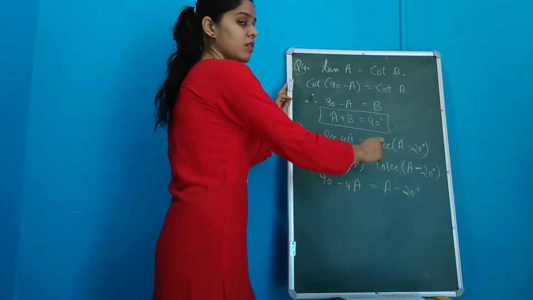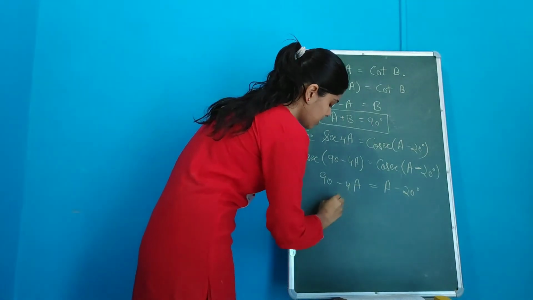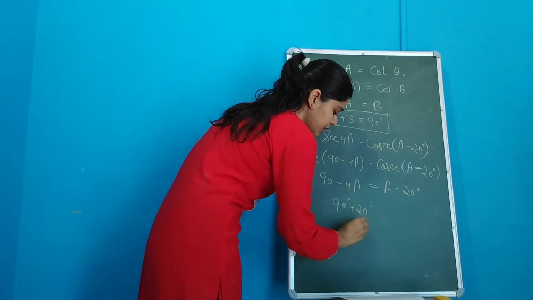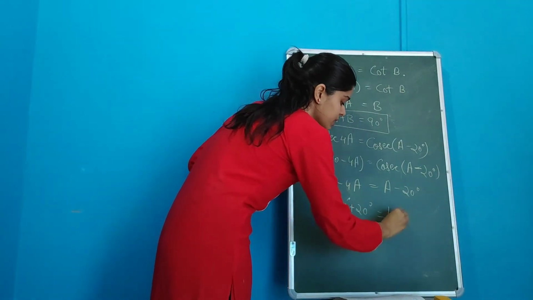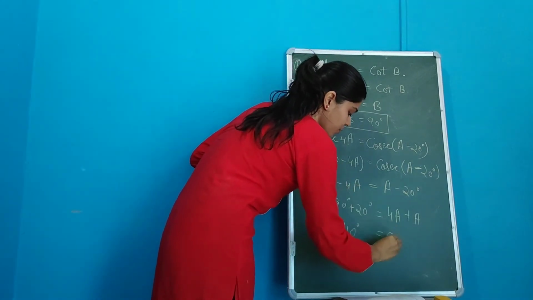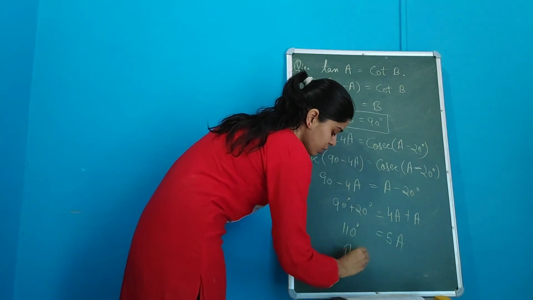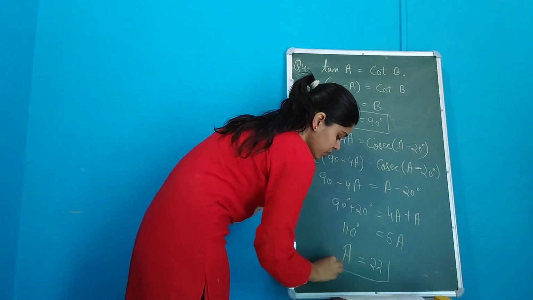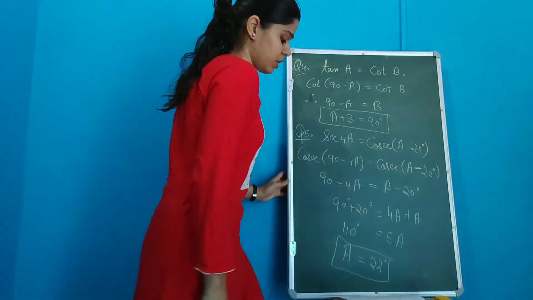Okay, do the transferring thing. 90 plus 20 degrees, it will become 110 degrees, and here it will be 4A plus A, that will become equal to 5A, and A की वैल्यू कितनी आ जाएगी? 22 degrees. A will become equal to 22 degrees.